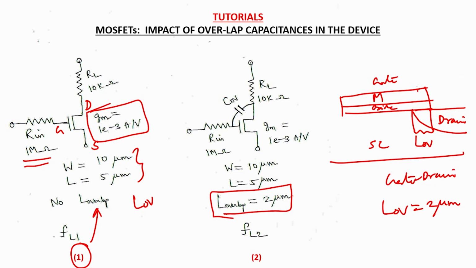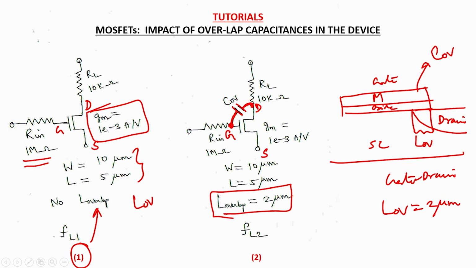So this adds an additional capacitance, C overlap, which is a capacitance coming directly between the gate terminal and the drain terminal of the device, and this is the source terminal. So this overlap length of 2 microns leads to additional parasitic capacitance directly between the gate and the drain terminal of the device.